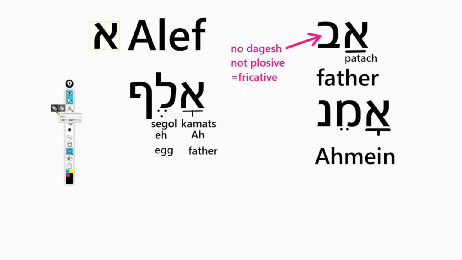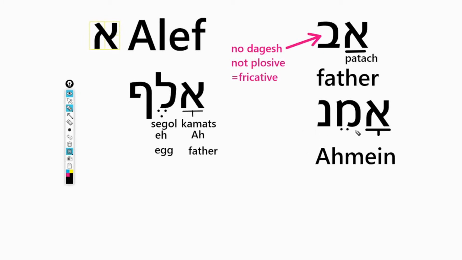It is equal to the fricative sound. A dagesh would make the B sound. B. But with no dagesh, it makes the fricative sound, the V. B with your lips together, V with your bottom lip at the bottom of your teeth. V. So that would be Av, and that means father in Hebrew.